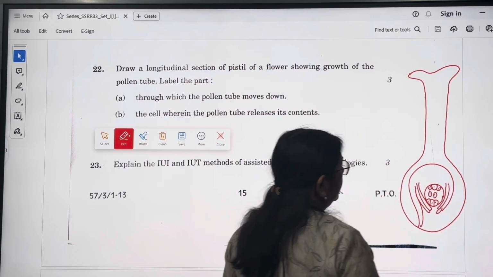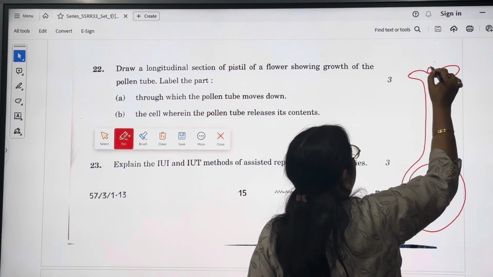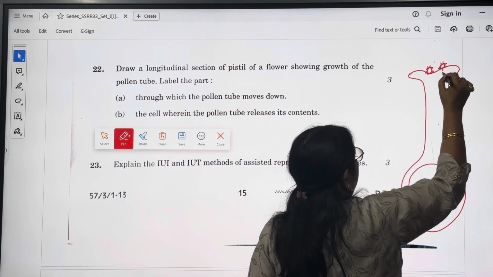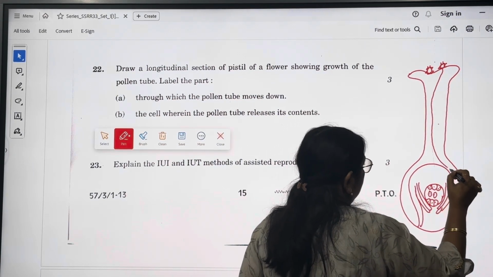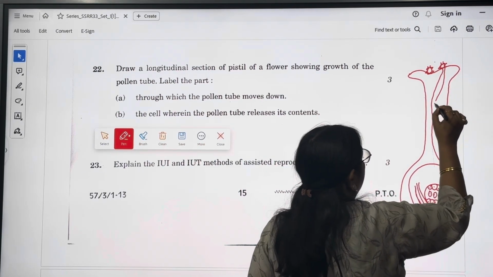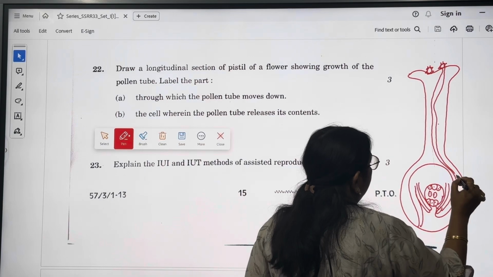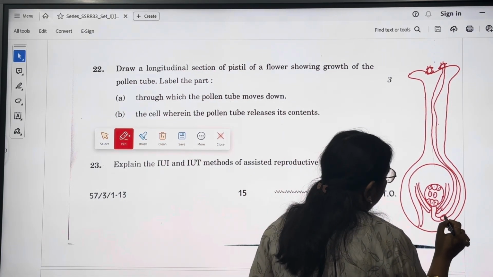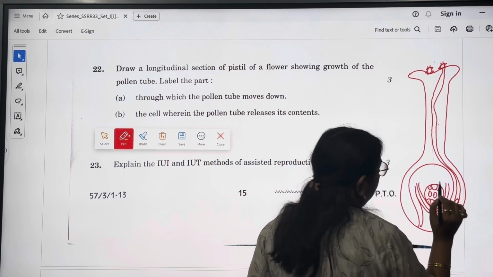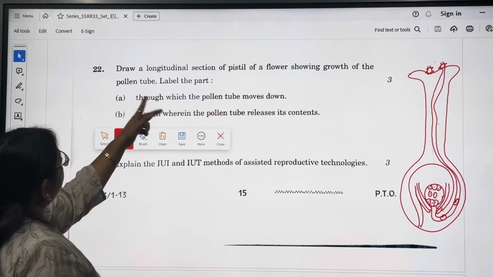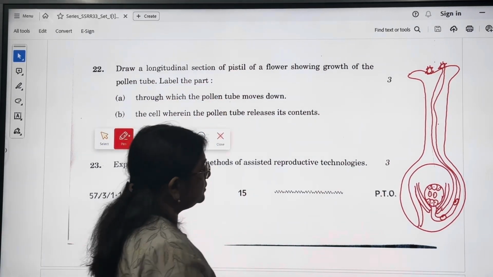8 nuclei, and here you will show the pollen grains and one pollen tube coming out of the pollen grain this way. In this pollen tube there will be 2 male gametes like this here and this one. So label the part through which the pollen tube moves down.